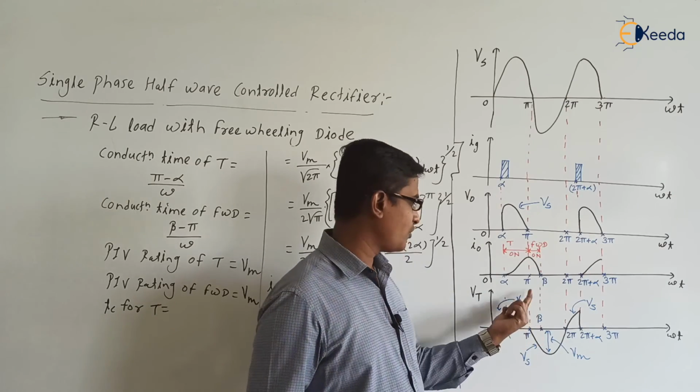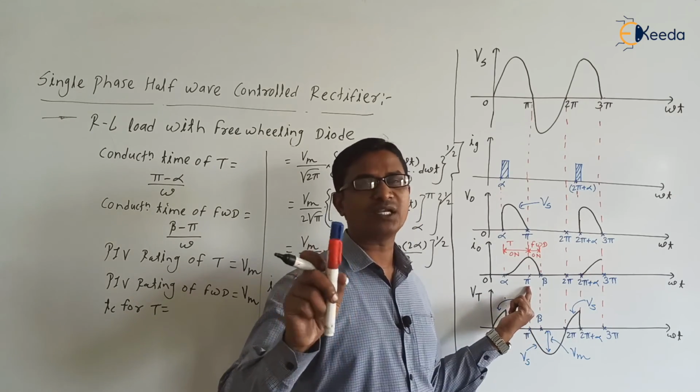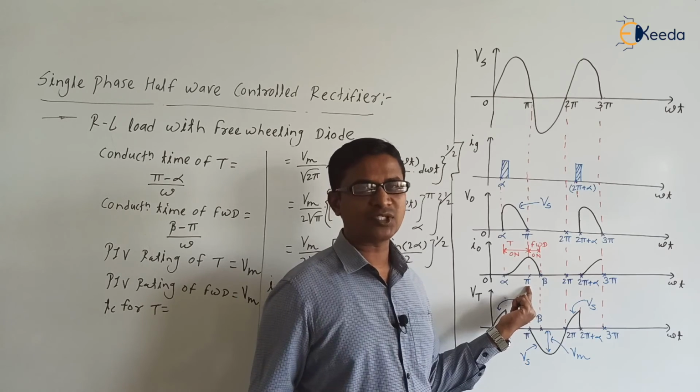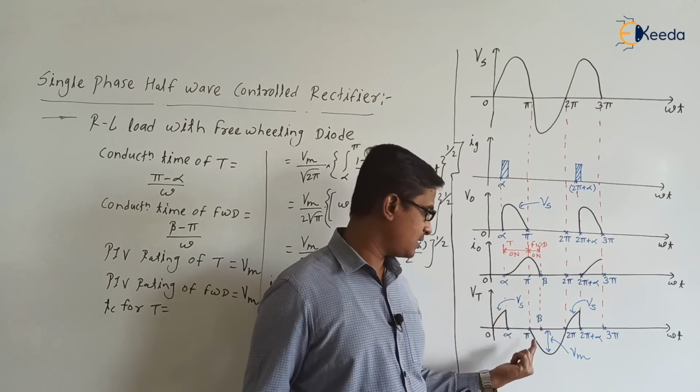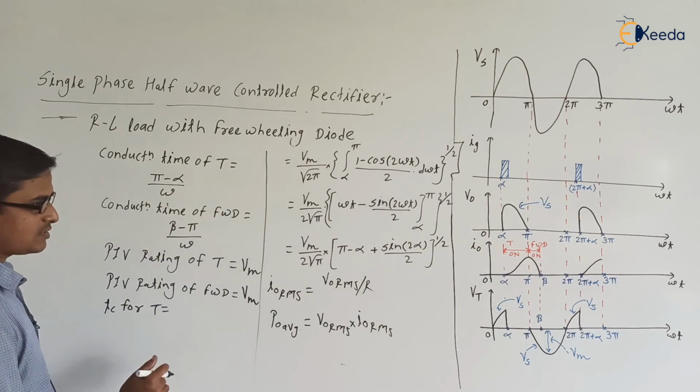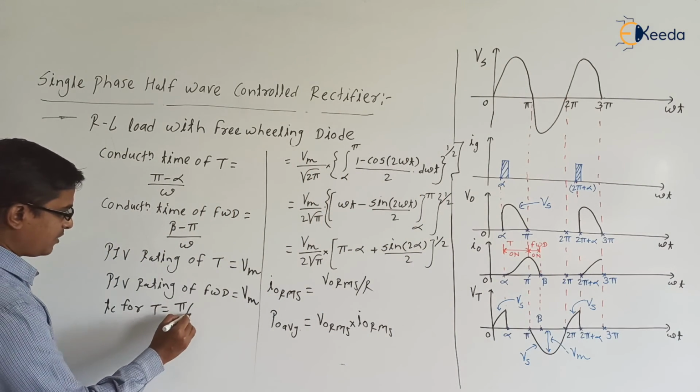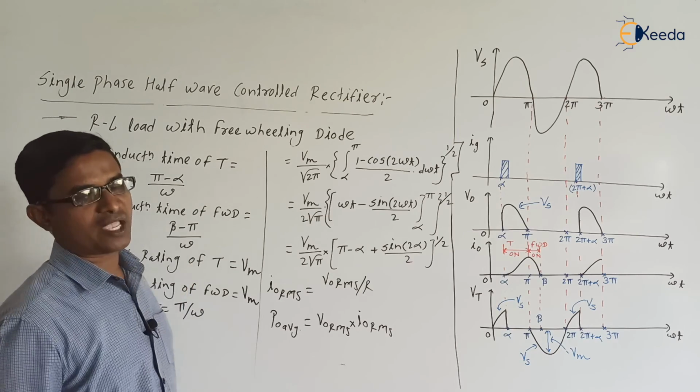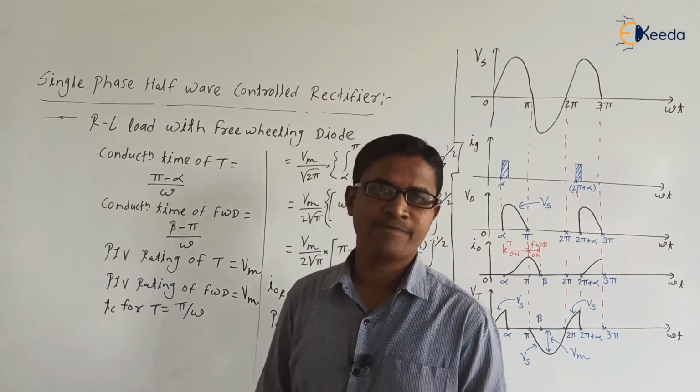After that, the reverse voltage is maintained till 2 pi. So the circuit turn off time is 2 pi minus pi by omega, that is pi by omega. Are you getting the point?